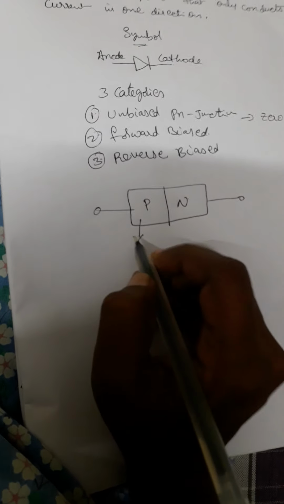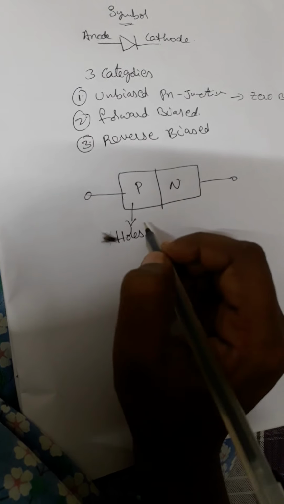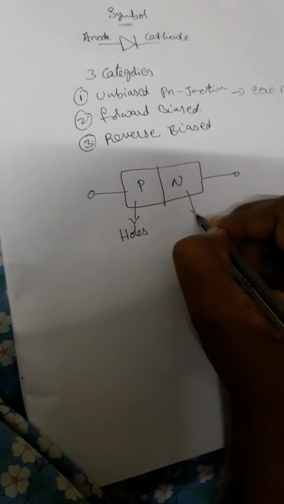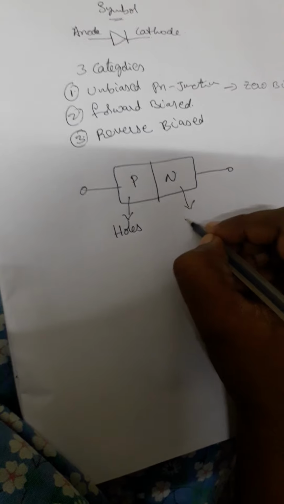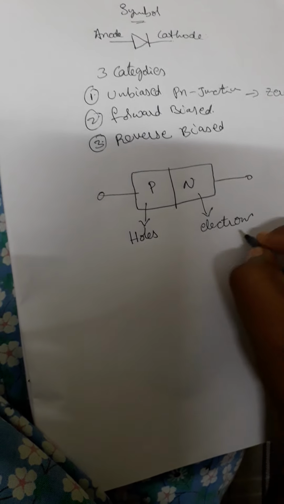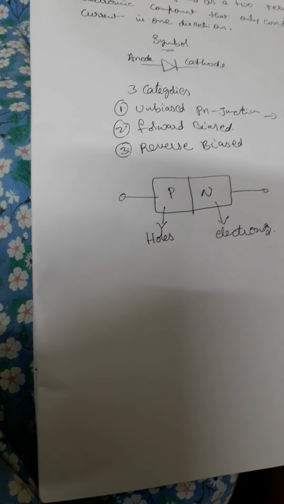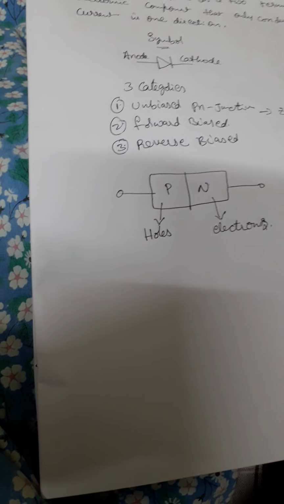In P-type semiconductor, holes are majority charge carriers, and in N-type semiconductor, electrons are majority charge carriers.